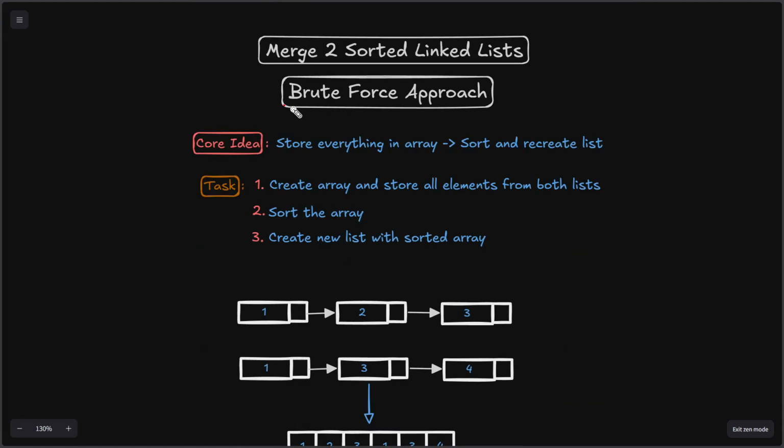The first approach is going to be a brute force approach, where my core idea is that I'll not follow the core rule, but rather I'll just try to solve this question. The brute force approach says to store everything in an array, rather than maintaining these pointers, then sort it, and then recreate the list. So the tasks are simple: create an array, store the elements, sort the array, and then create the new list.